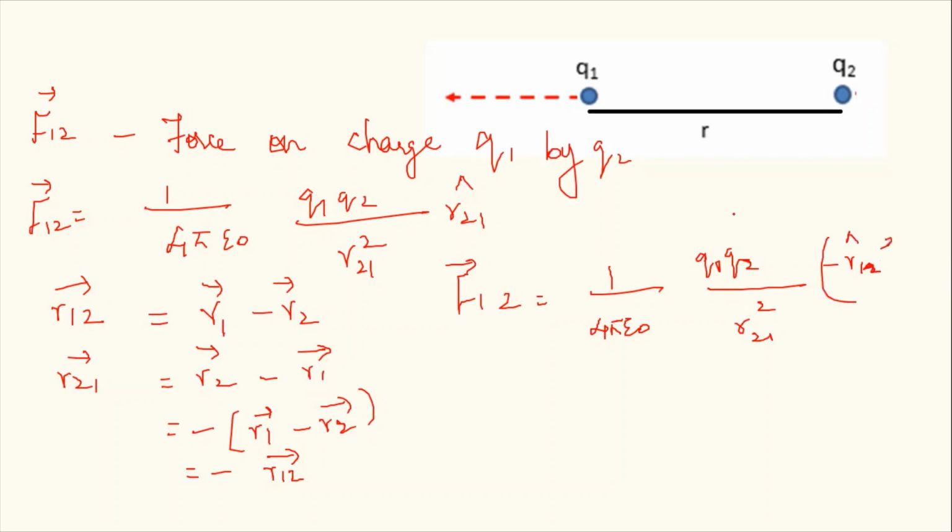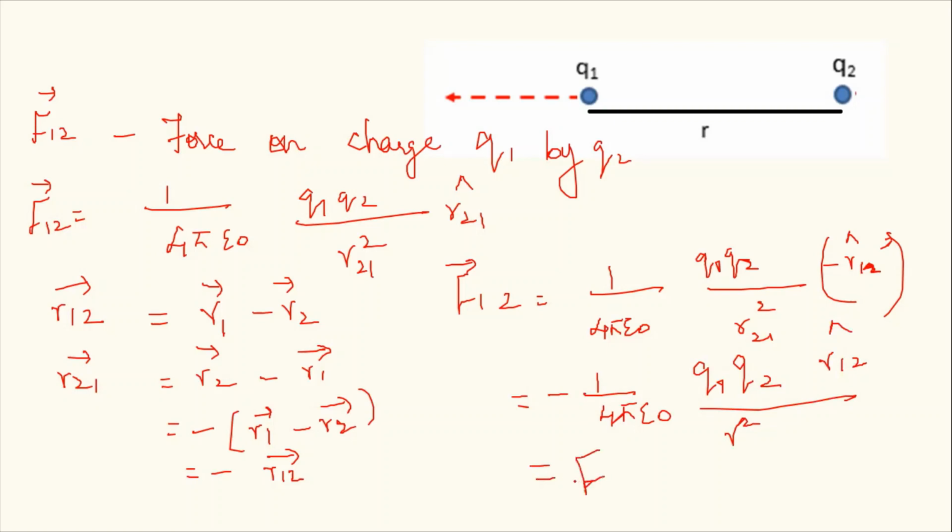This minus can be taken to the front, so you get minus 1 by 4 pi epsilon naught Q1 Q2 by R square R12 cap, which is equal to minus F21.